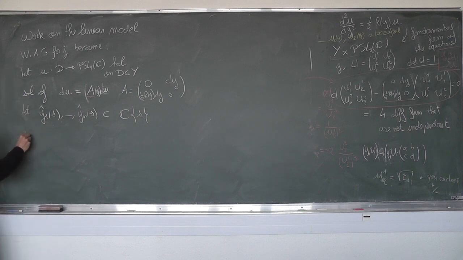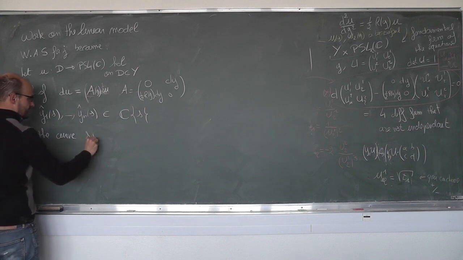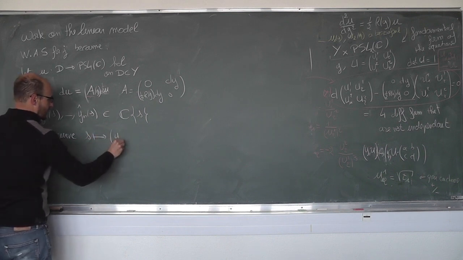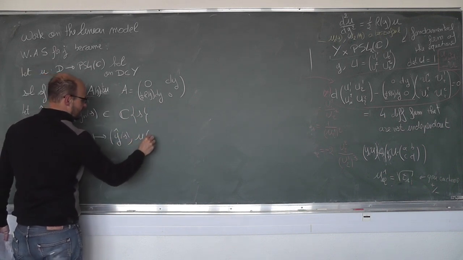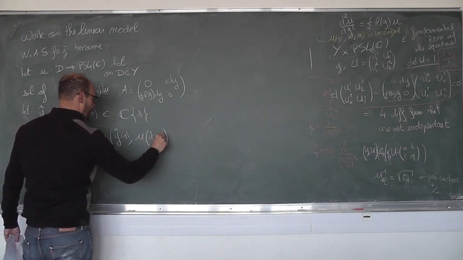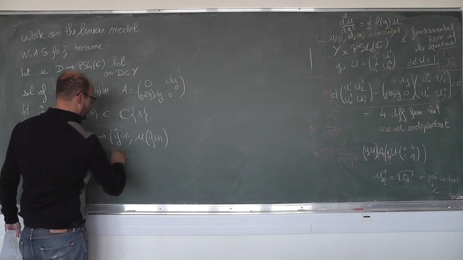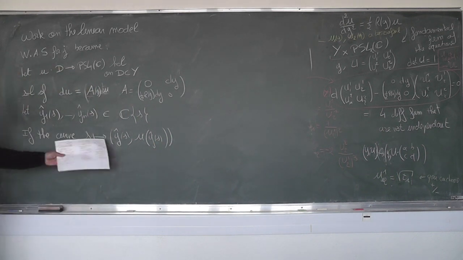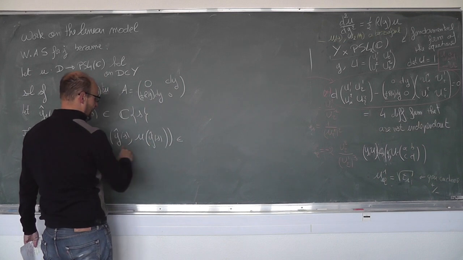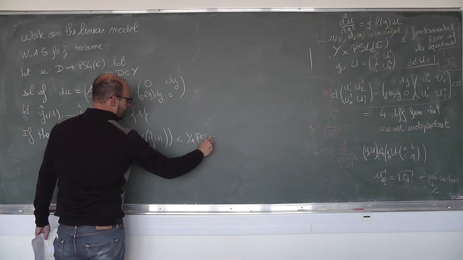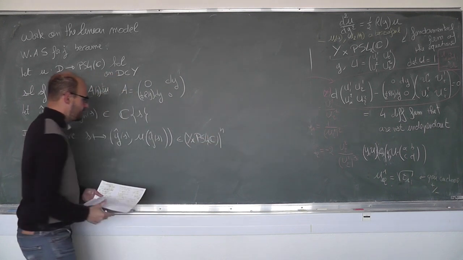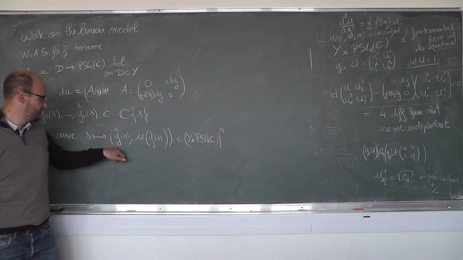And you assume something, so if the curve, which is an analytic curve parameterized by S, going to Y hat of S, and U evaluated in Y hat of S, this is a curve for any S. This is something in Y times PSL2 of C to the N. The N coordinates in Y are this one.